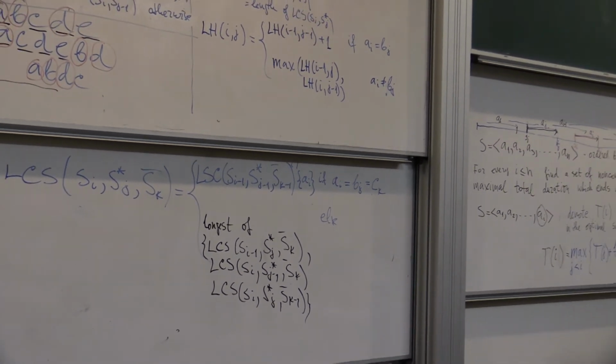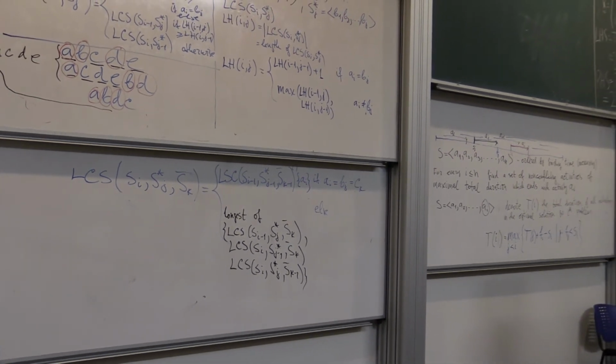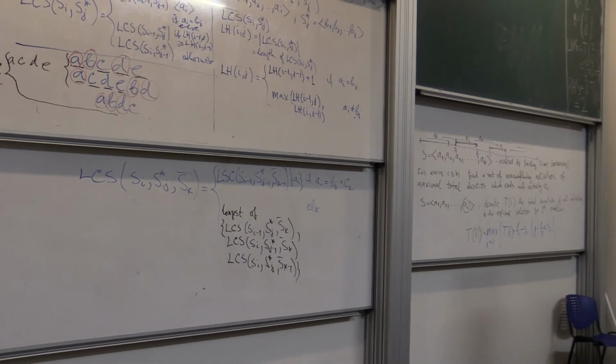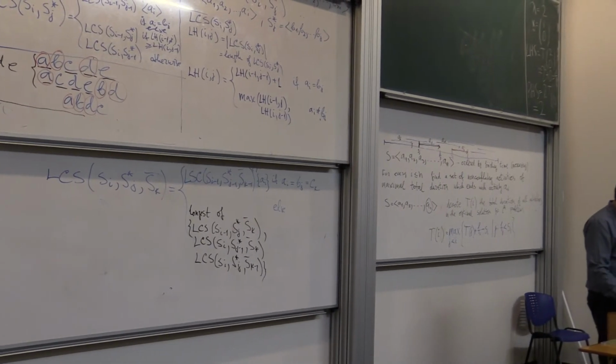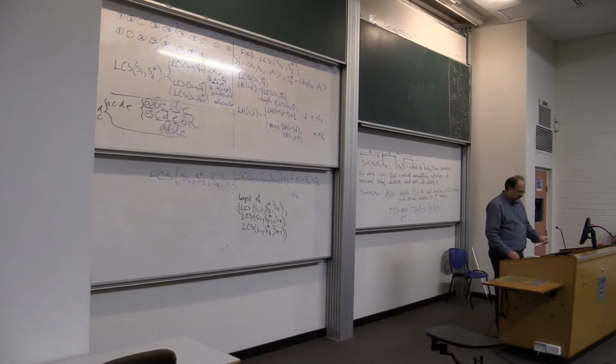Okay, so what do we want to do next? We are going to do a whole bunch of problems, probably including at least part of next week, because dynamic programming is probably the most powerful technique that we are going to cover in this class.